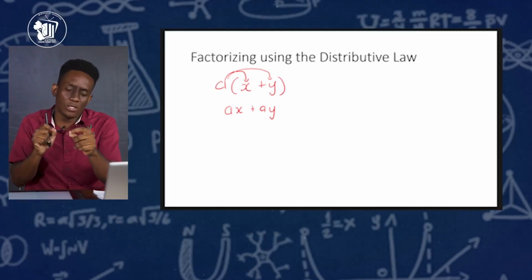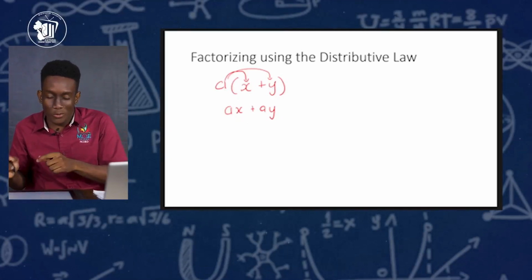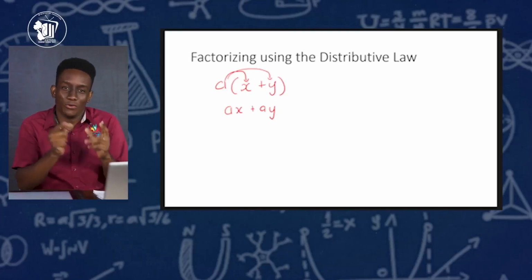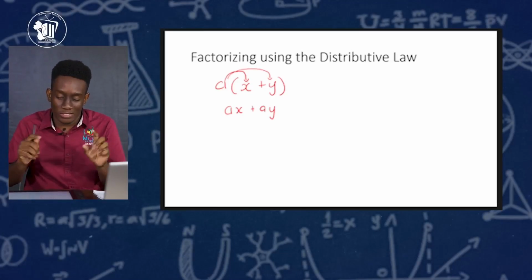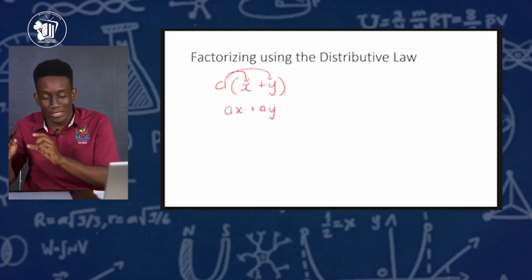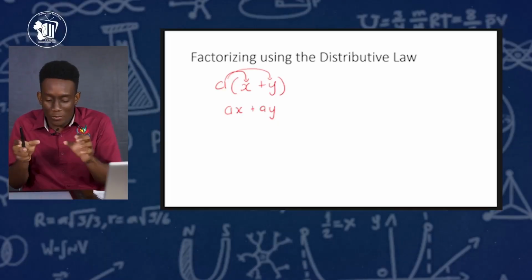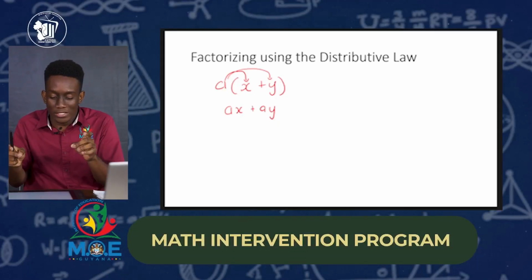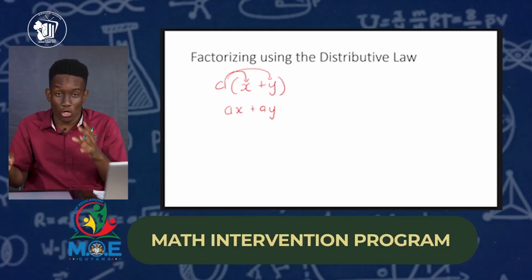So if we are asked now to factorize AX plus AY, we are actually doing what we did in reverse. Instead of distributing the A, we're looking at the 2 terms AX and AY, and identifying the common factor between them. The common factor is the thing that we just distributed, because that is the thing we multiplied both terms by.